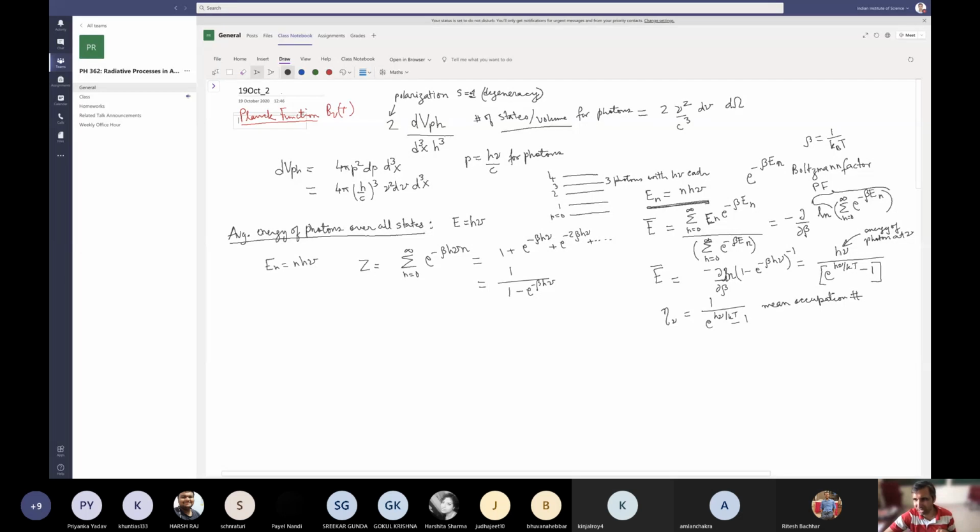So this is the energy of a photon. This is the mean occupation. So the mean occupation number times the energy of the photon is equal to the mean energy of photons over all available states of these photons.